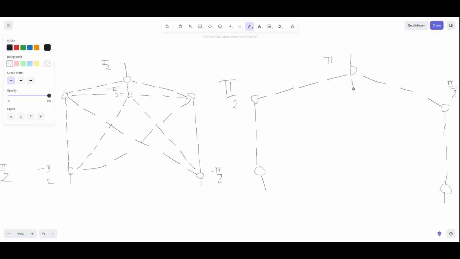Maybe I can begin to draw this. You still have this because it disappears, but you should connect each node. Here you have this, so you need to create this. Here you have this, so you need to create this.